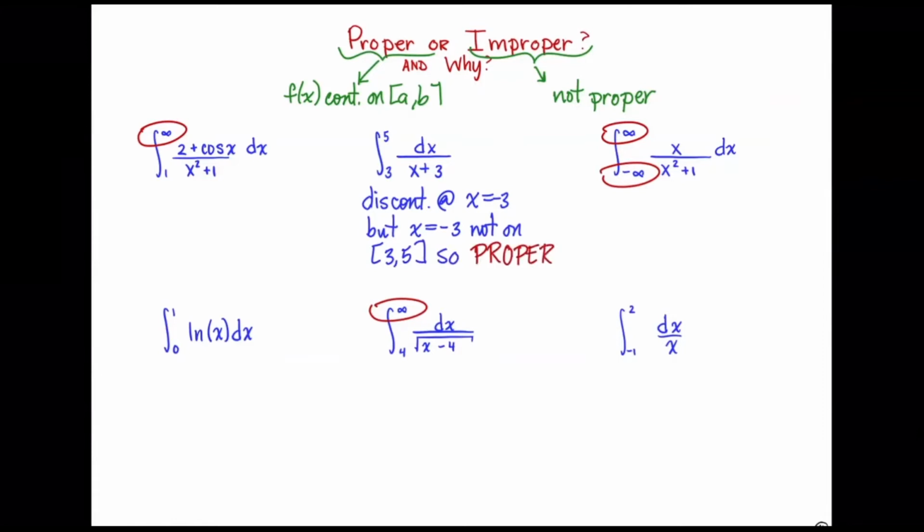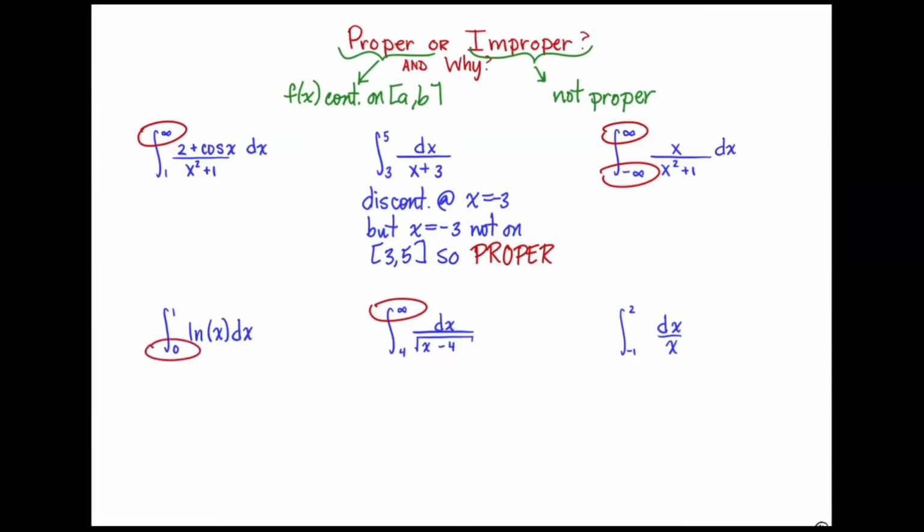In other words, we can use techniques of integration that we already know in order to evaluate this integral. On the bottom left, we have the integral from 0 to 1 of the natural log of x dx. The natural log of 1 is 0. We're okay there, but the natural log of 0 doesn't exist.